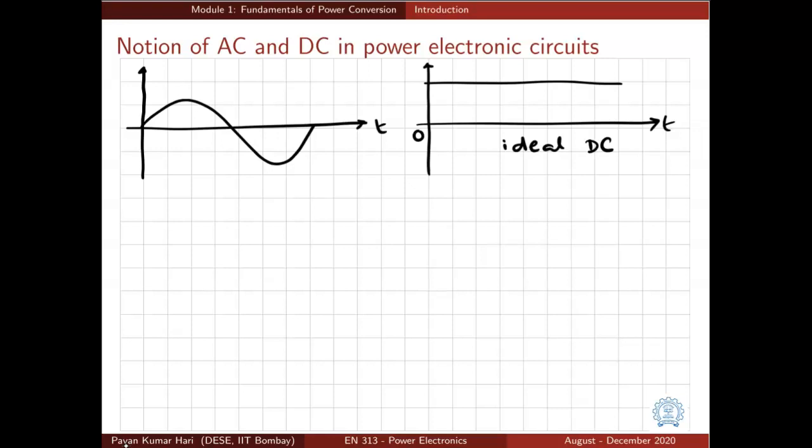This ideal DC, ideal AC. Let us call this peak magnitude of AC voltage as Vm, and this is minus Vm.